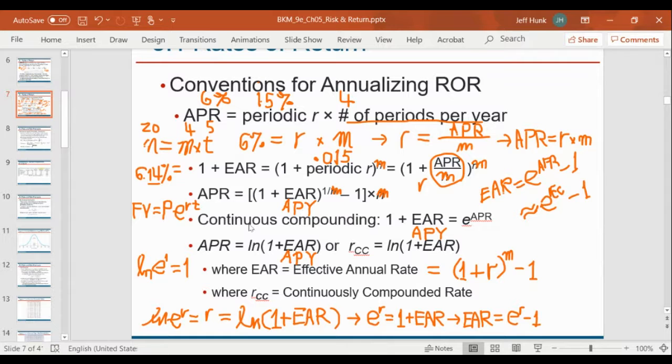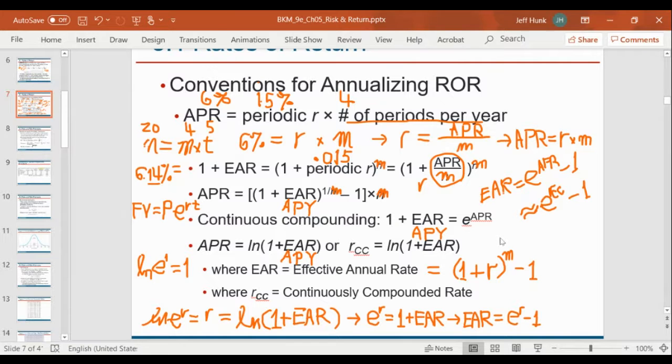Always, APR is the basis, because how did you get to APR? Remember, you take the geometric average, or the dollar-weighted average, depending on the context, but most of the time the geometric average.